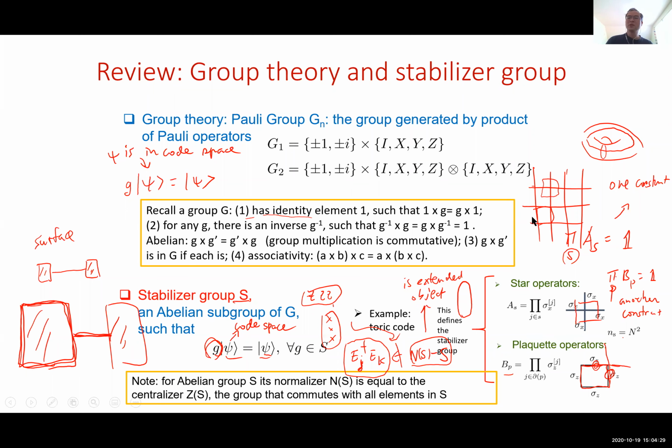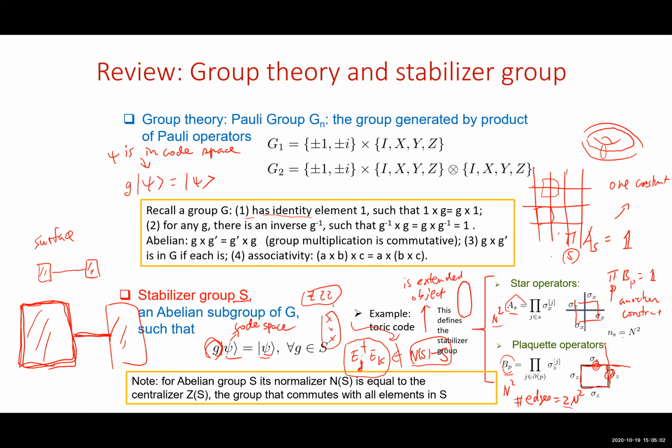We already counted: there are n squared of these, on each vertex and on each plaquette, n squared plaquettes. But the number of edges equals n squared times 2, and we have two constraints. If each one were independent, then it would uniquely determine the state.